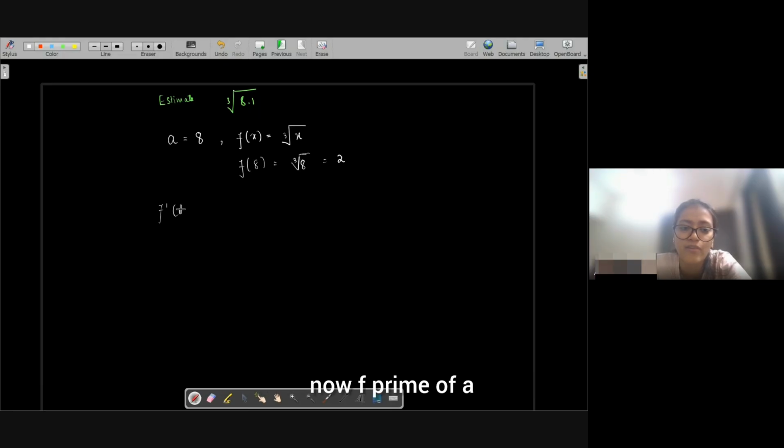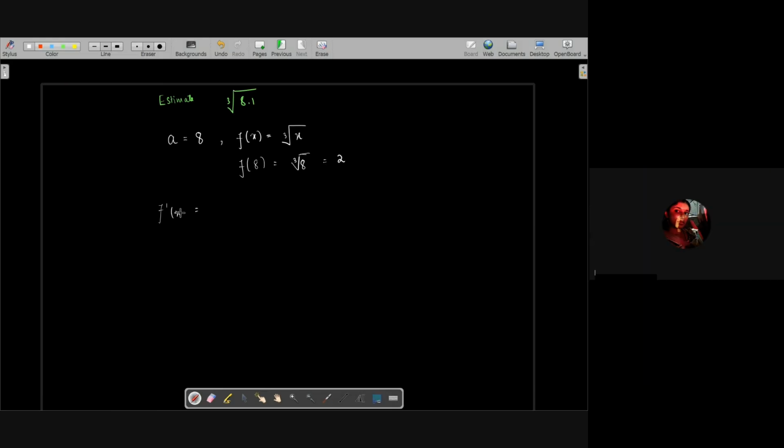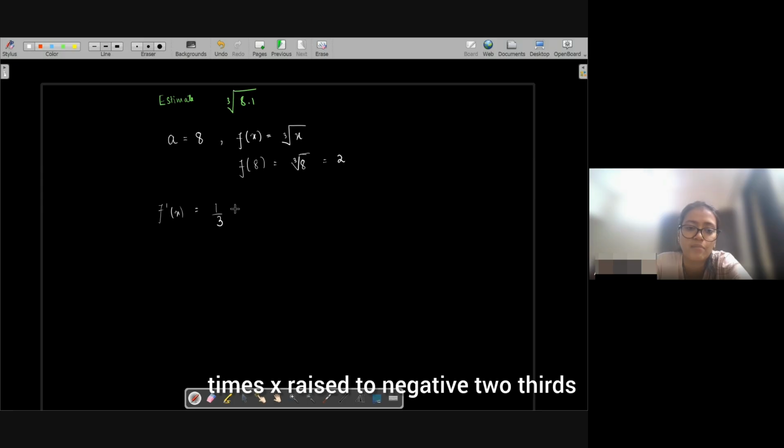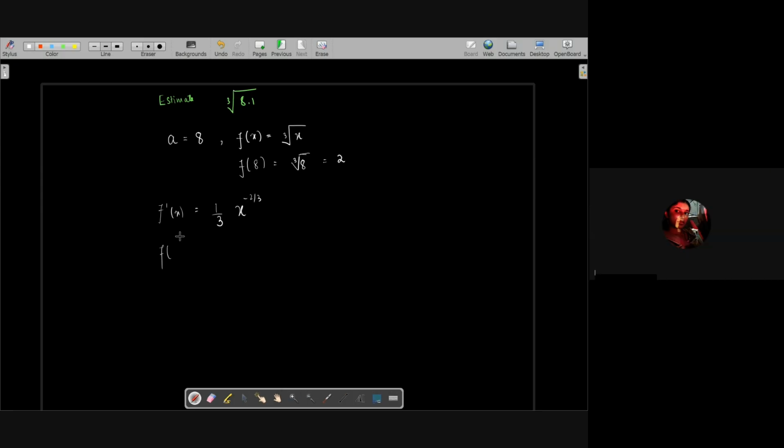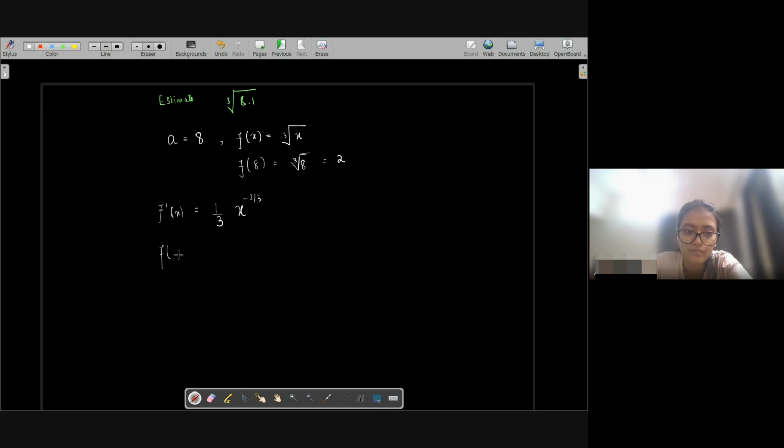Now f prime of x first. So 1 over 3 times x raised to negative 2/3. So f prime of 8 will be 1/3 times 8 raised to negative 2/3.